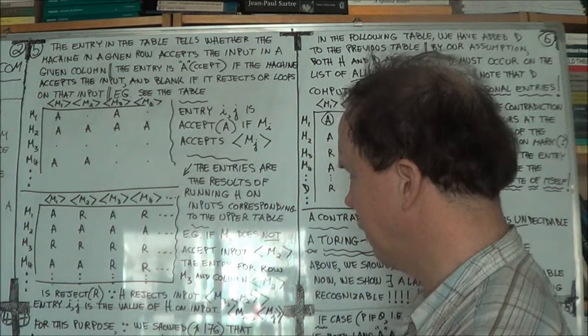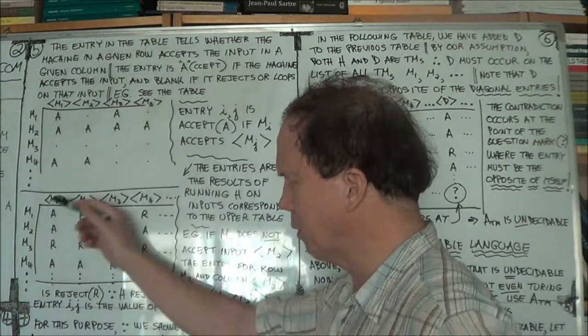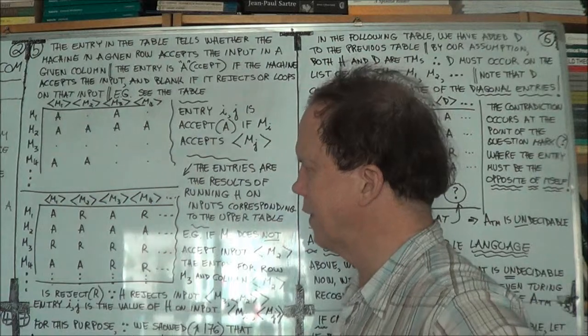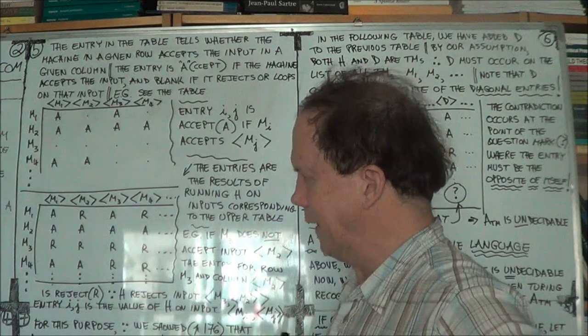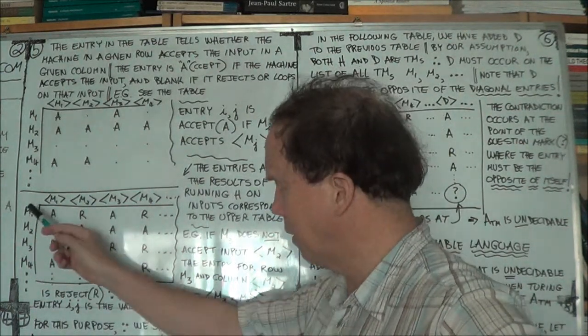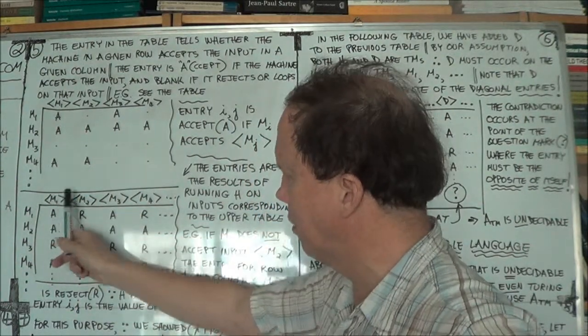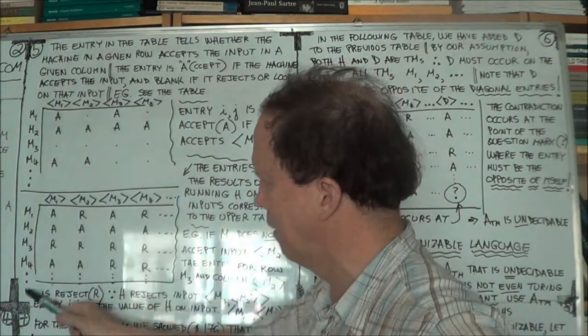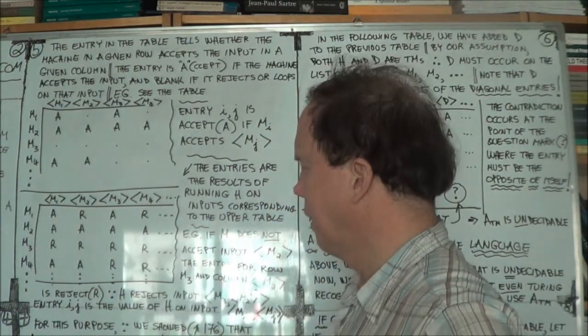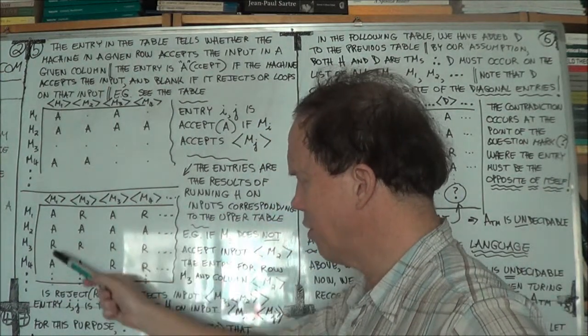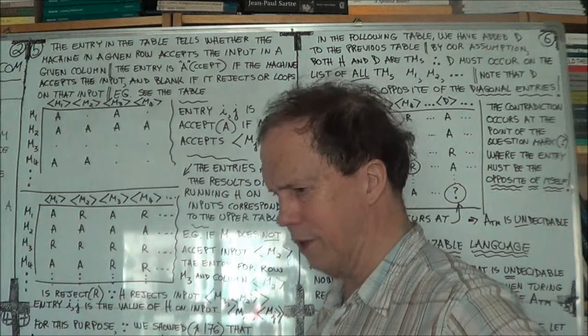Okay, all right. Well, now we're going to make a second infinite matrix where the row headers are the same, the column headers are the same, so they're all the same. But now the entries are different.